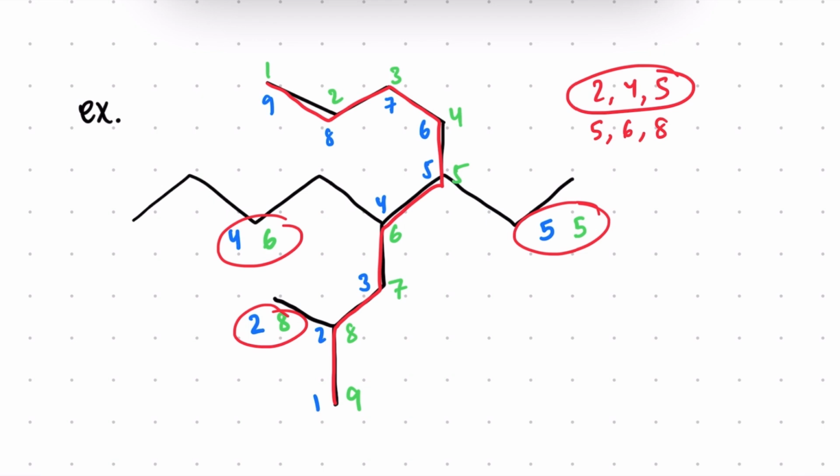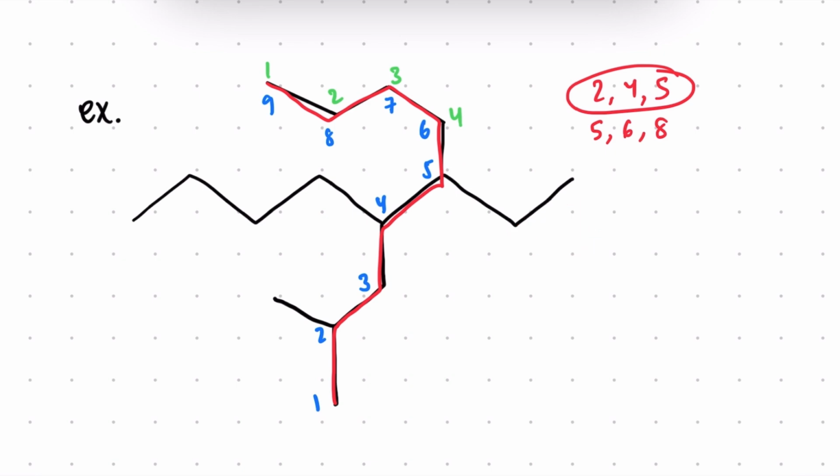So now all it comes down to is the naming. Now, we're going to follow the blue locants here. So I'm going to erase the green locants. So we don't need these. The blue locants are the ones that we want. I'm going to erase these as well. Okay, so now let's get on with the naming.